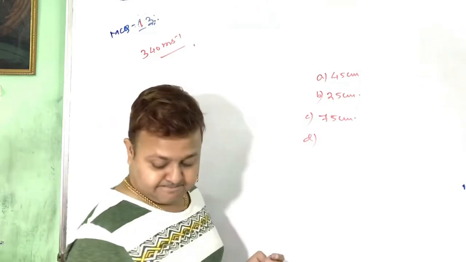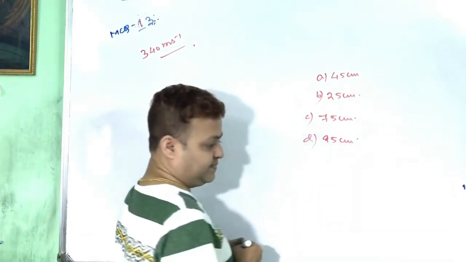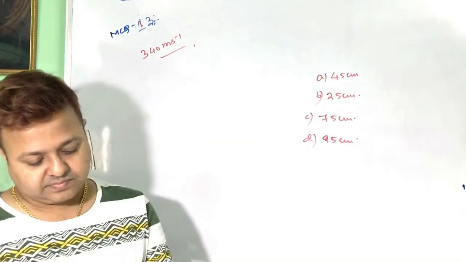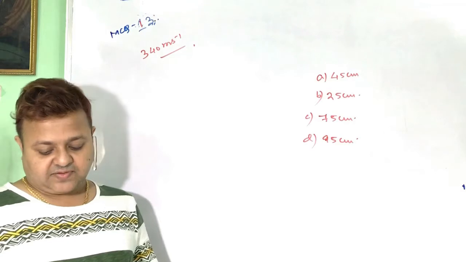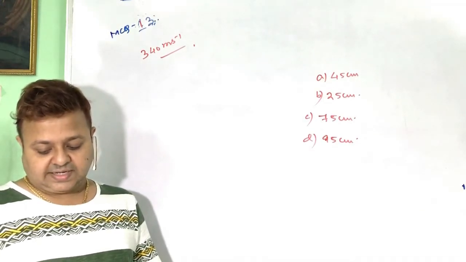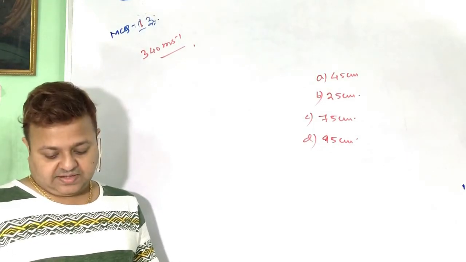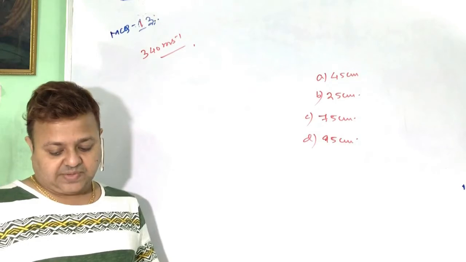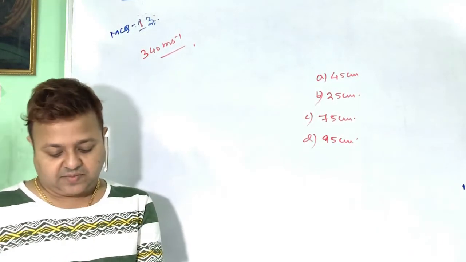And D, 95 centimeter. A tuning fork of frequency 340 Hz is allowed to vibrate just above a 120 centimeter high tube, and water is being filled slowly in the tube. What is the minimum height of the water necessary for the resonance? Speed of the sound is 340 meter per second.